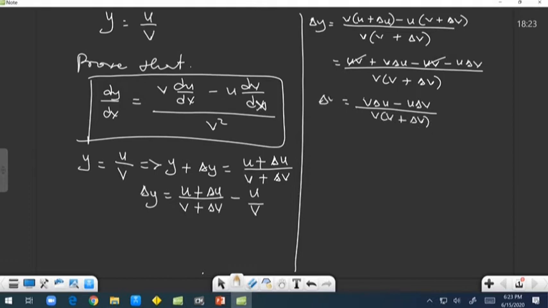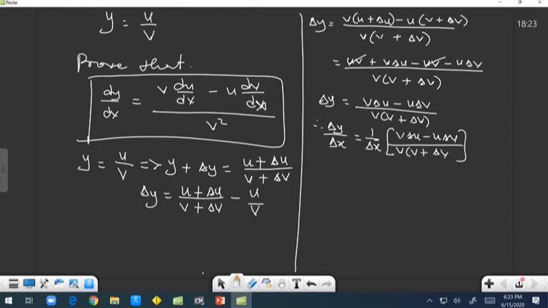When we divide both sides by delta x, we have delta y over delta x is equal to 1 over delta x in brackets, v delta u minus u delta v, divided by v in bracket v plus delta v, close bracket.